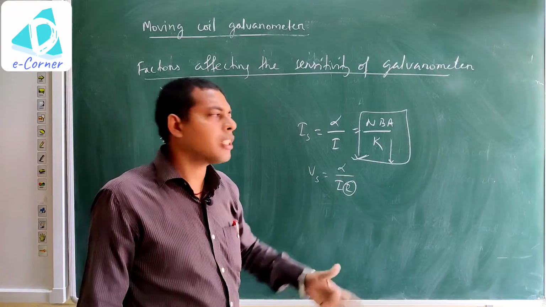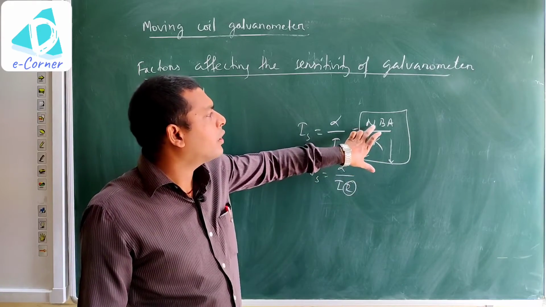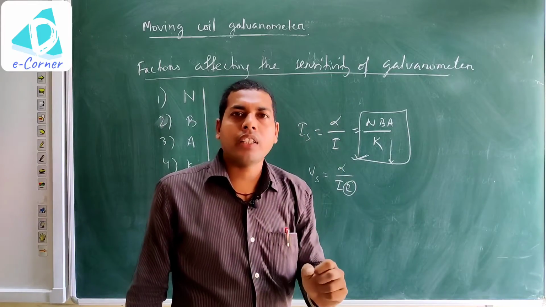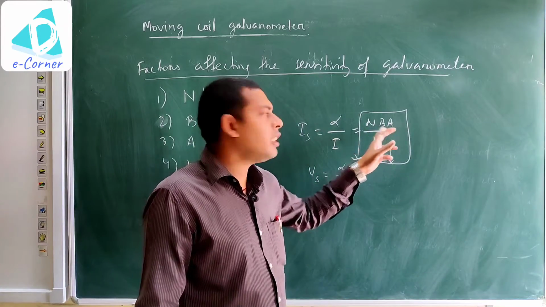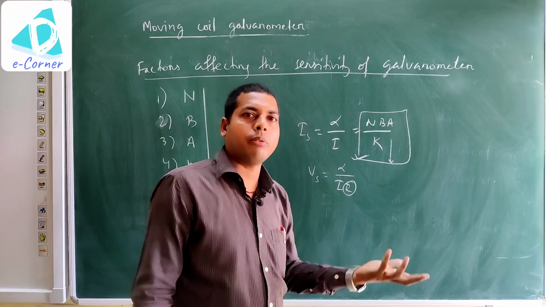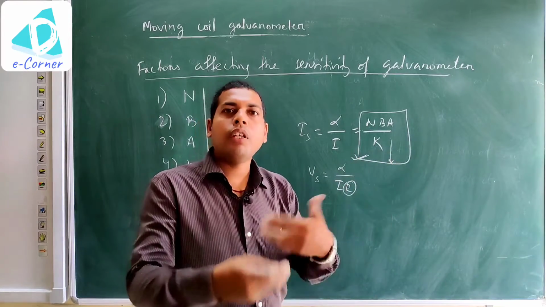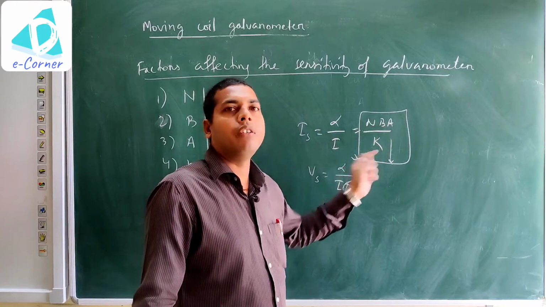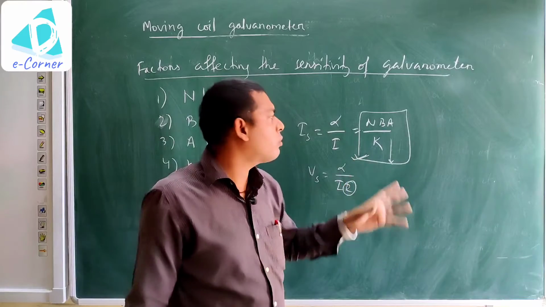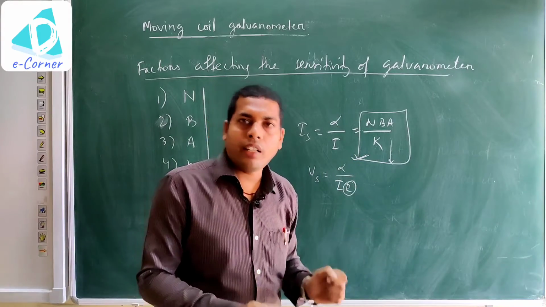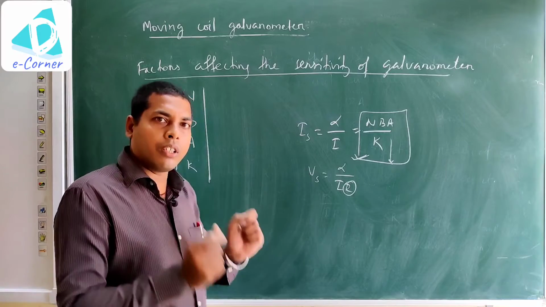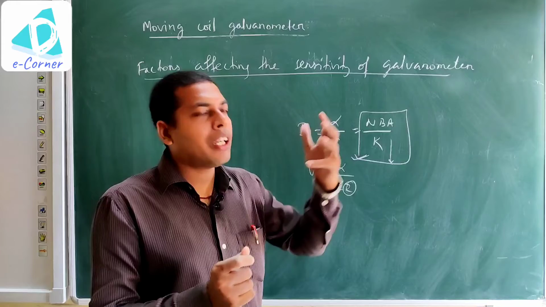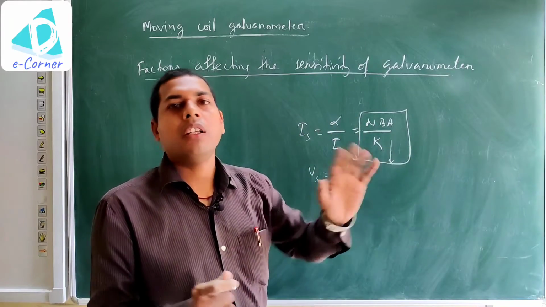What are the disadvantages? The disadvantage is that once a galvanometer is already manufactured, we cannot change these parameters very easily. The advantage is that before manufacturing, you can decide what should be the parameter values, such that our current sensitivity is what the manufacturer wants or what the clients need.